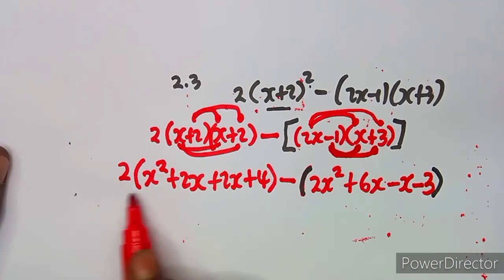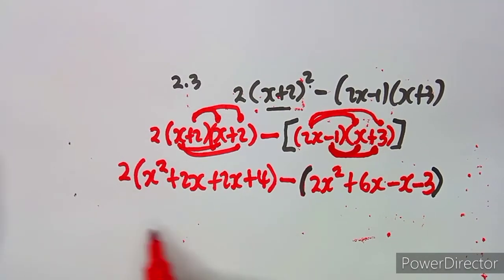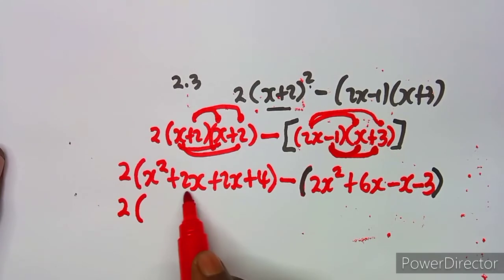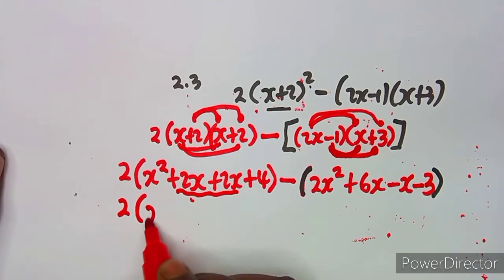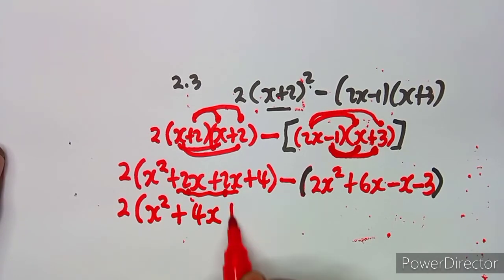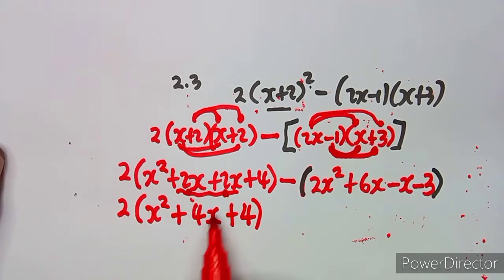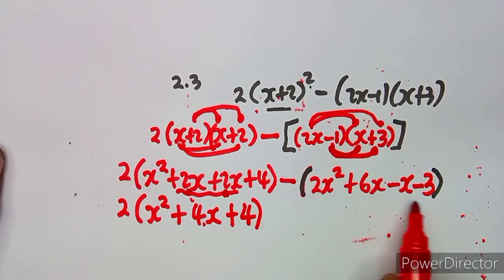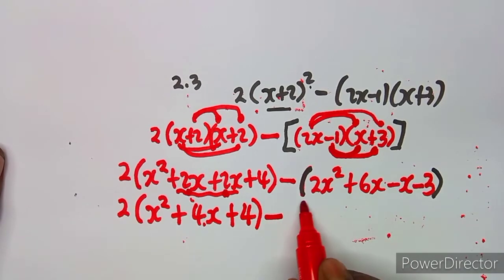Yes, we can multiply by 2, but it's best to start by collecting like terms inside the bracket here. So you're going to have x squared, 2x plus 2x, that is 4x, plus 4, like this. These are the like terms, 2 and 2, which is 4. Now here we can also collect like terms before expanding the bracket.